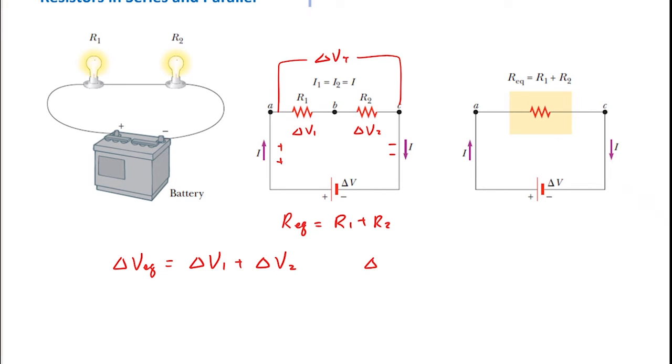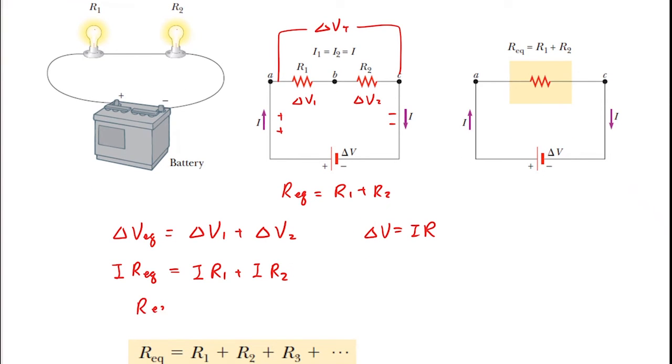But then remember delta V is equal to IR, right? So the total current is exactly the same everywhere. The same amount of current has to go through all of these. So I times R equivalent, the resistance put together, has to be the same current times R1 plus that current times R2. Divide both sides by I, then you get R equivalent is equal to R1 plus R2, which is exactly what we reasoned it to be.